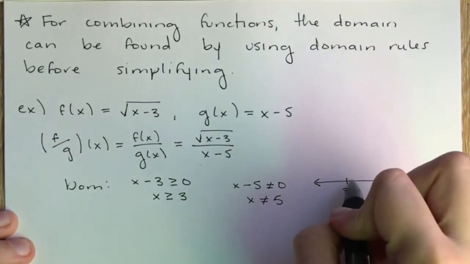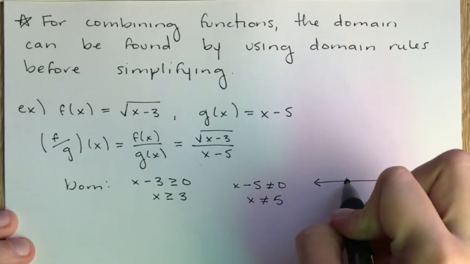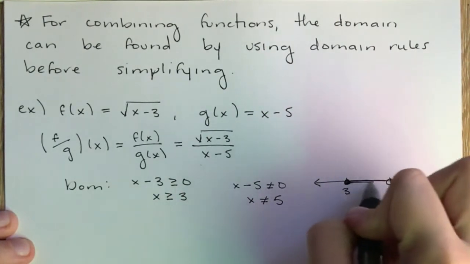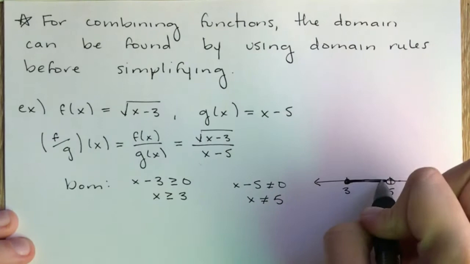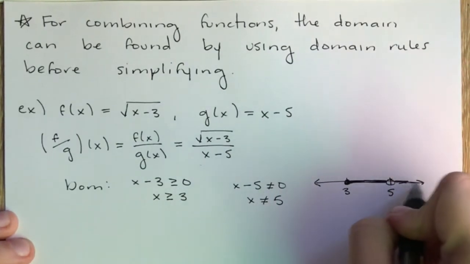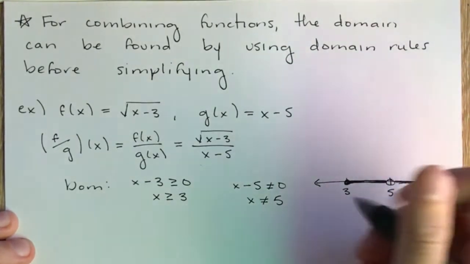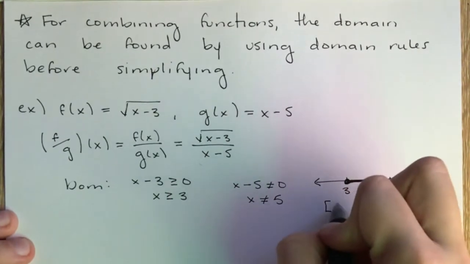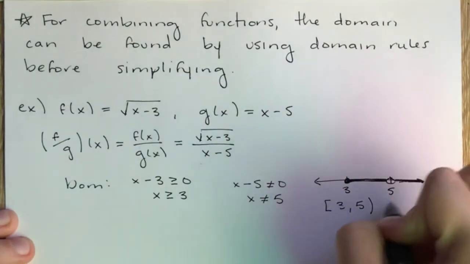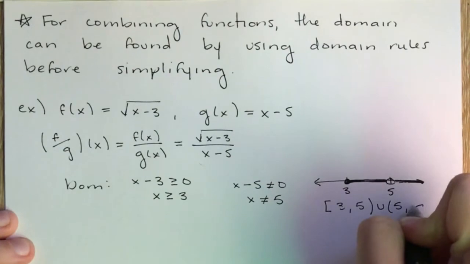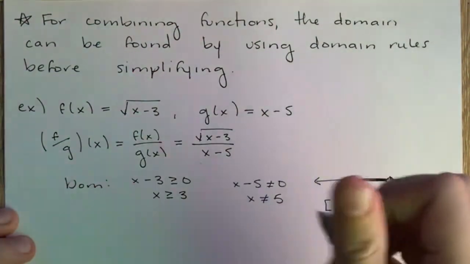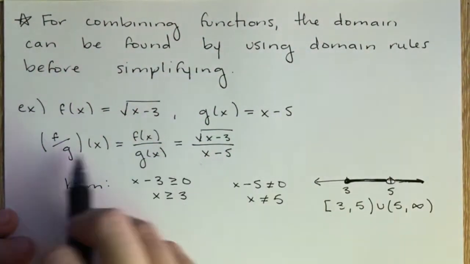So we have an open point on 5. We can be equal to 3, so we shade everything that's greater than 3 except for 5. And that will give us the domain 3 to 5, not including 5, and then 5 to infinity. That is the domain for this function.